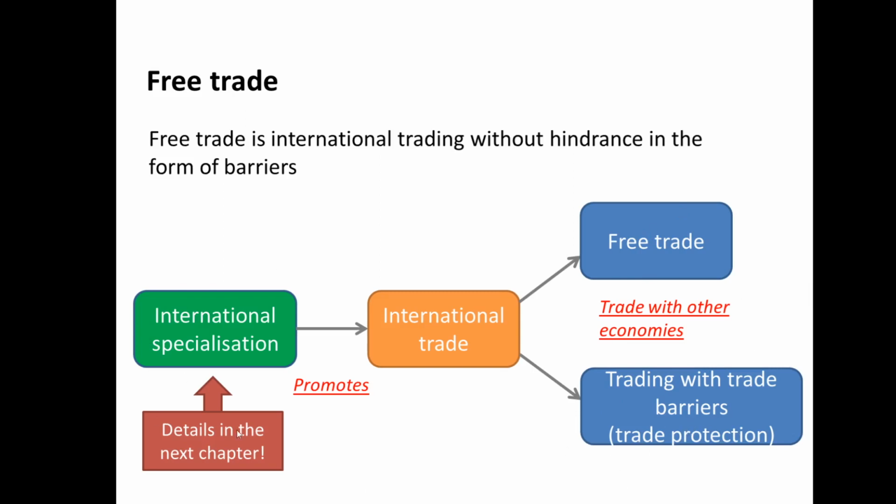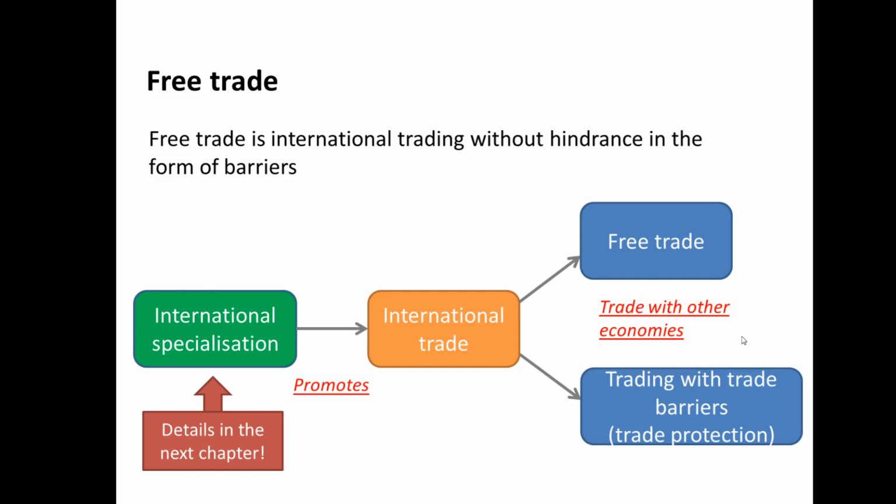I hope this flow chart makes the concept clearer. Specialization promotes international trade, and because of international trade, sometimes you will see free trade, and sometimes trade with trade barriers.